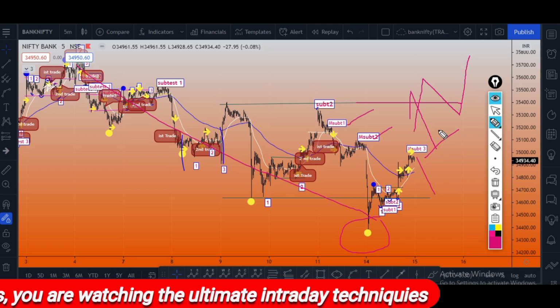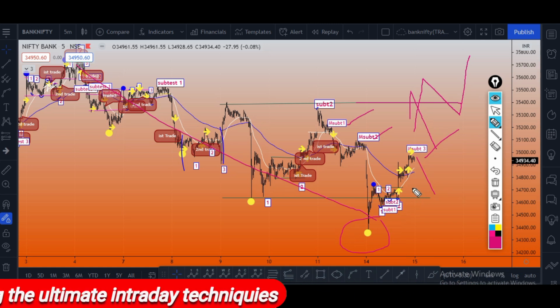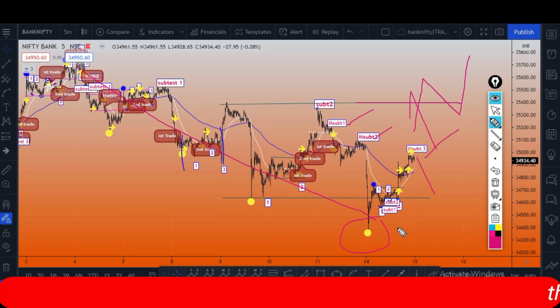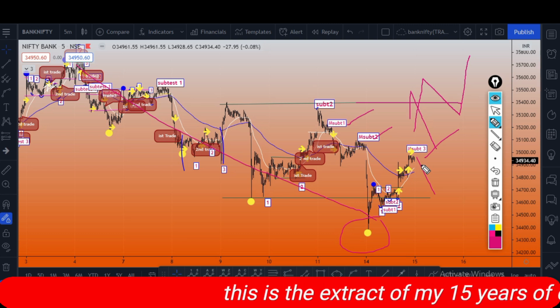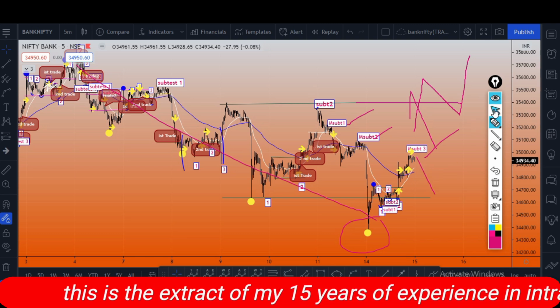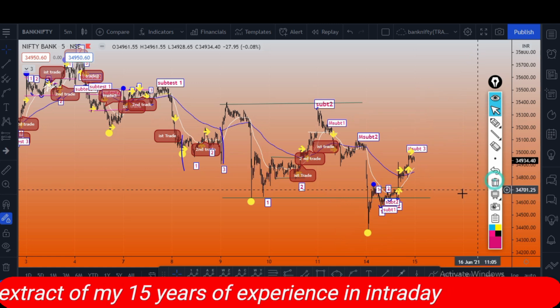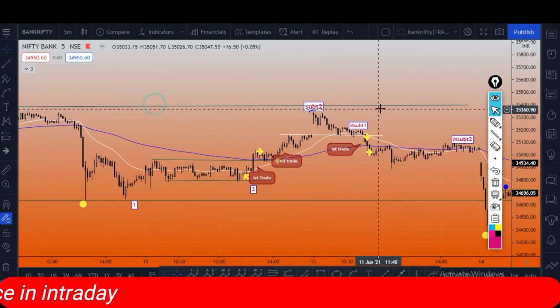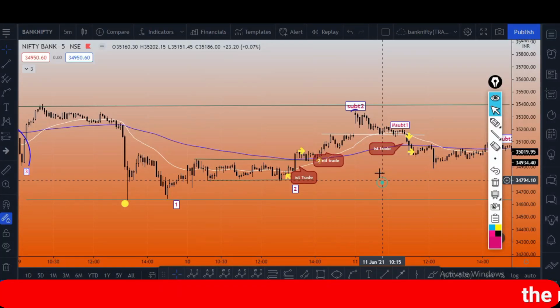So I mark this as the marking of counter trend. If it happens, then this marking will change. Remember it. Okay, this is how the price is moving. See, I show you this example.